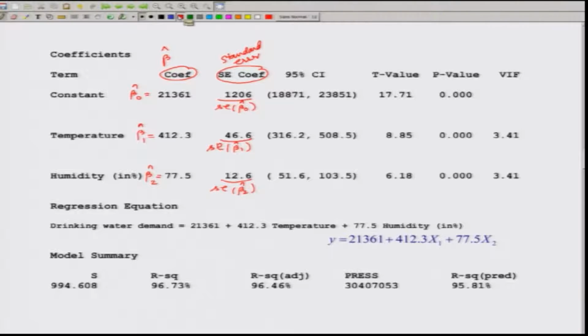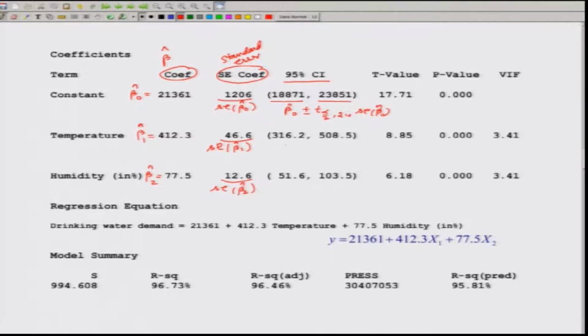Okay. The next column is about the 95% confidence interval. So this is the lower confidence limit and this is the upper confidence limit for beta hat naught. This is provided by the expression t alpha by 2 with degrees of freedom n minus k, which is 27 minus 3, that is 24, and the standard error of beta hat naught.